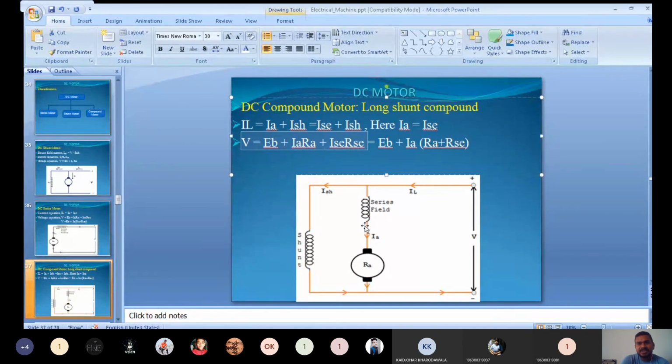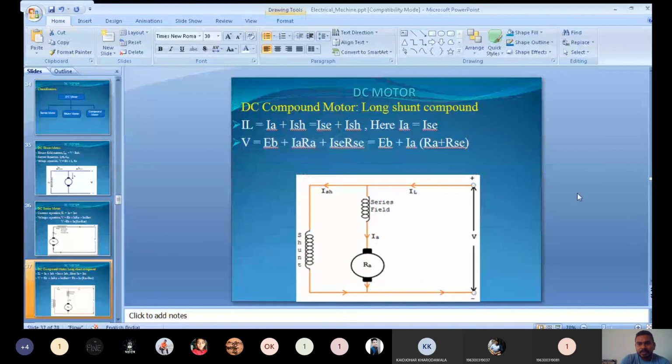But IA and ISC are the same, so instead of ISC we put IA. Then the equation becomes V is equal to EB plus IARA plus IARSE. Taking IA common, we get EB plus IA into RA plus RSE. This is the voltage equation for the long shunt compound motor.